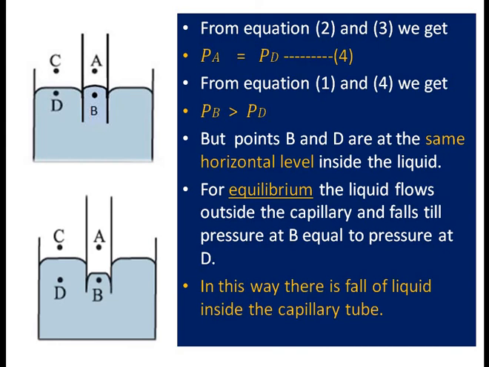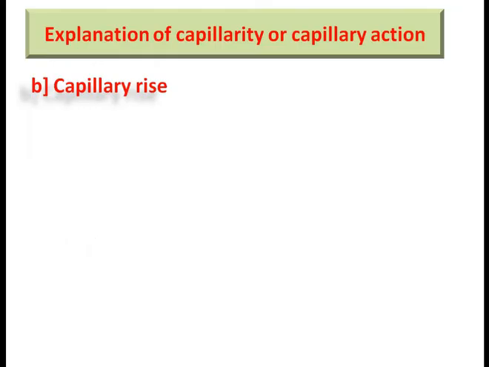Means up to the equilibrium the liquid flows from capillary to the outside, and in this way there is a fall of liquid inside the capillary tube. In this way we can understand why the liquid falls when the capillary is dipped in the liquid which does not wet the solid. Similarly, we can understand the capillary rise also.